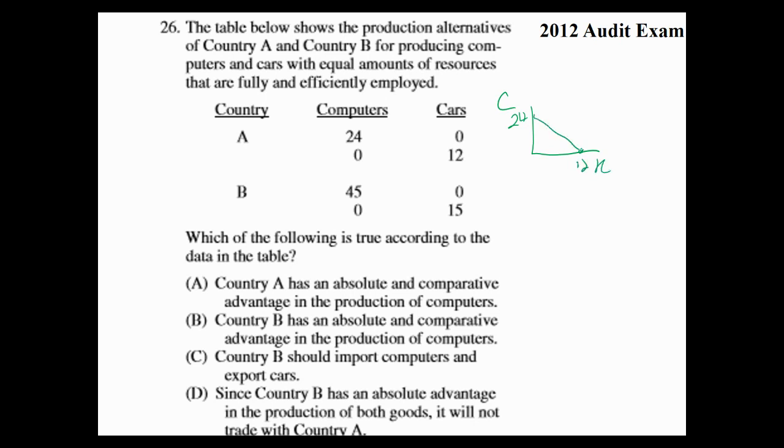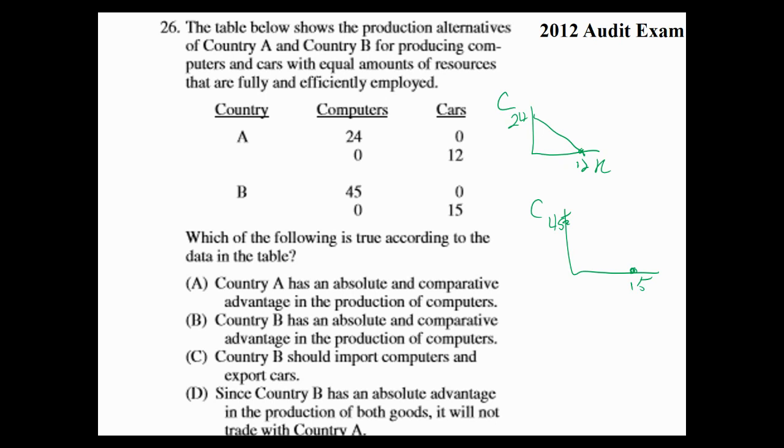That's essentially what they're doing in this example. And for B, they're doing computers at 45, and cars at 15. Okay, so that's essentially what they're doing here.